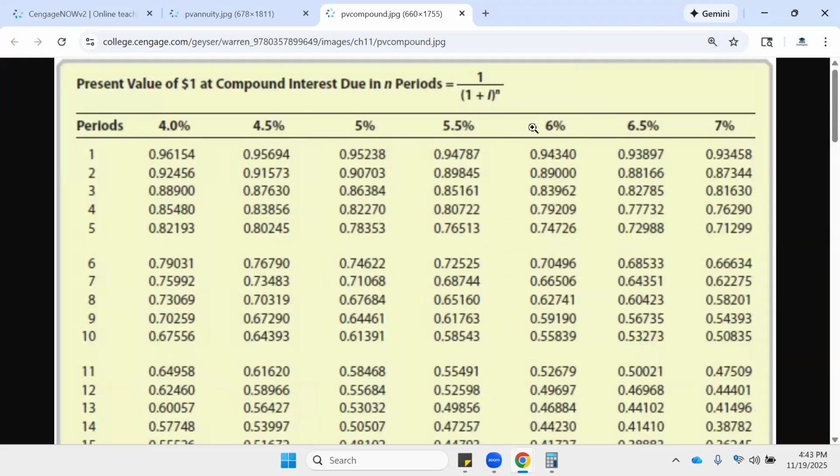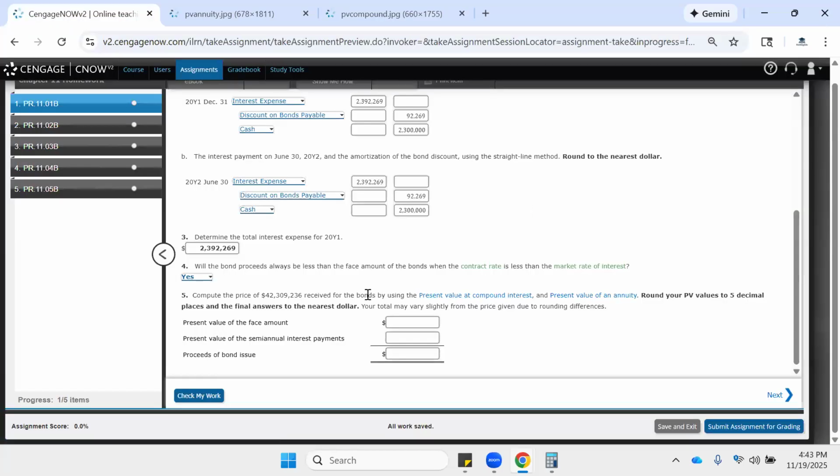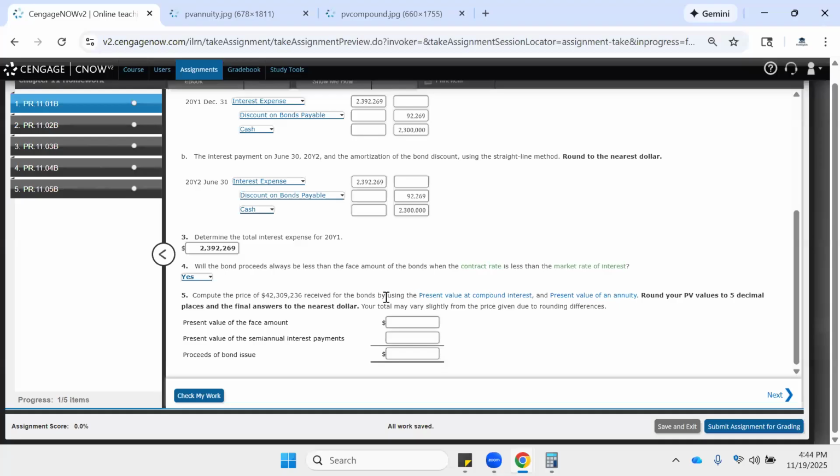This is our formula. And what we need to do is calculate at the market rate of interest the present value of those cash flows.